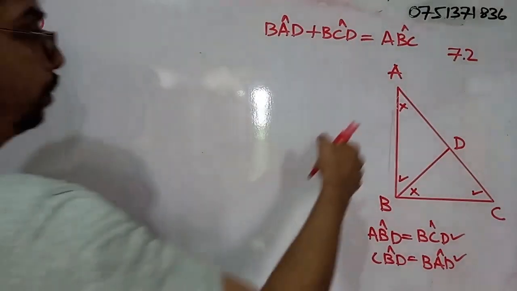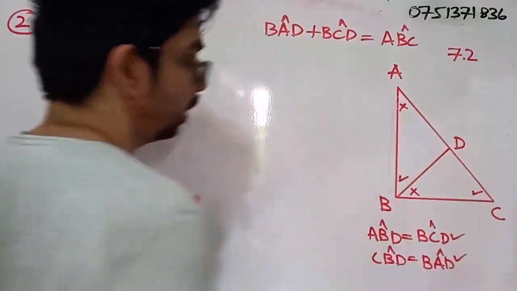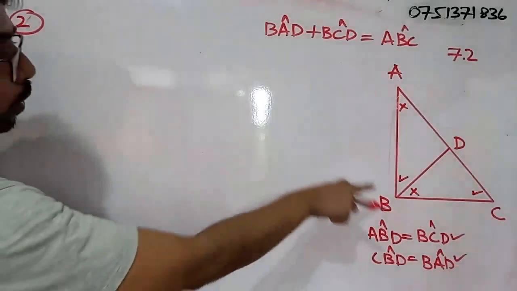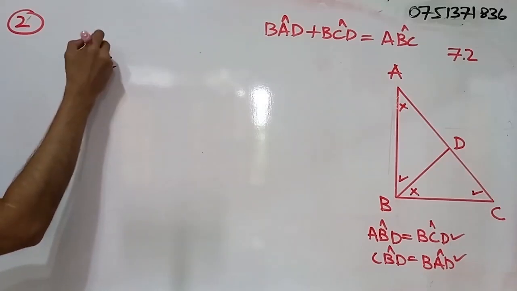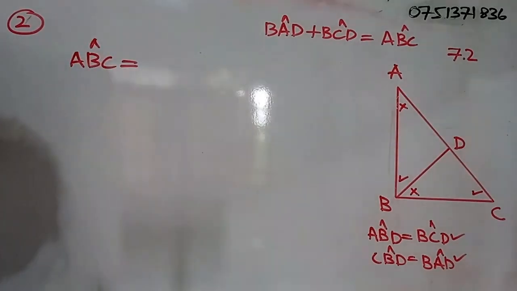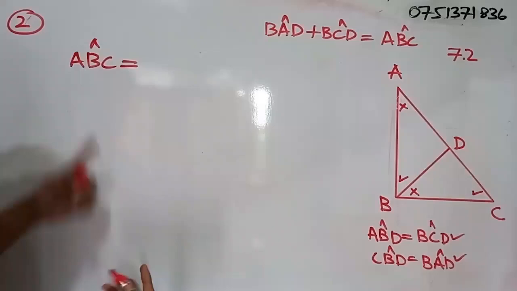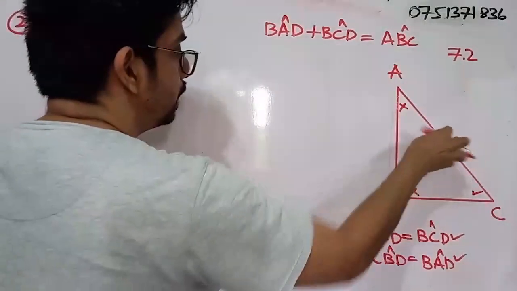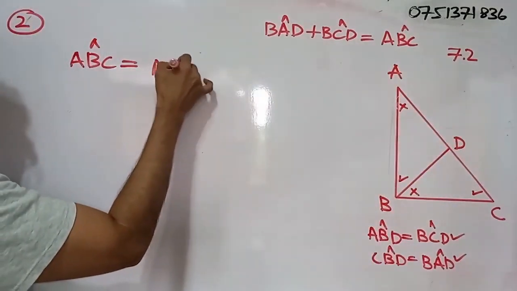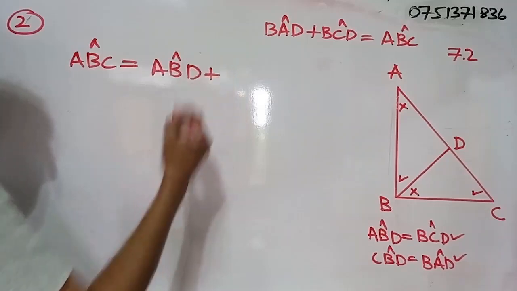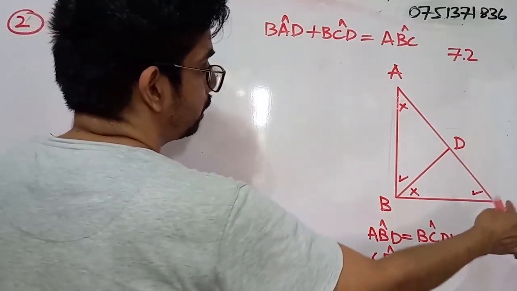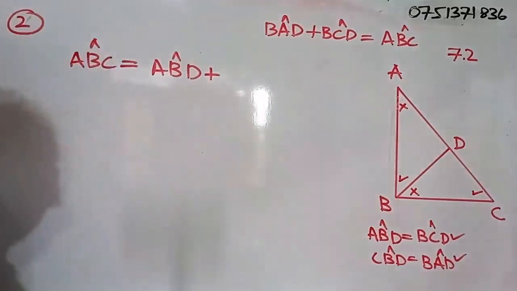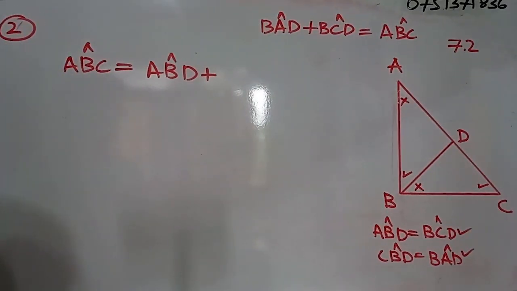Right, that means this whole angle. So the angle ABC, we can say that is equal to what? ABD plus CBD, or DBC, both are correct.